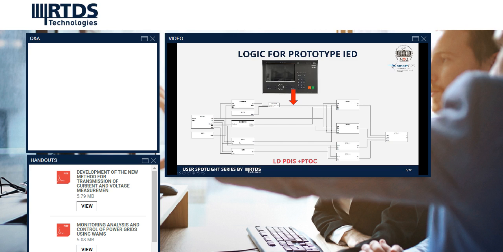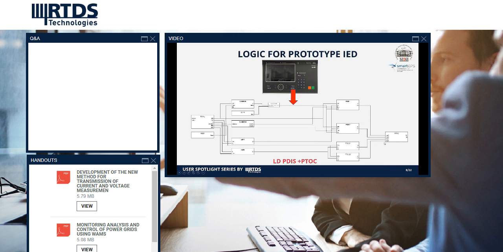The overcurrent protection logical device consists of the following logical nodes: RMXU, logical node RDIR designed to perform the function of a power direction relay, and the logical node PTOC, designed to perform the function of an overcurrent protection relay with control of direction and application of voltage start, also two-stage.